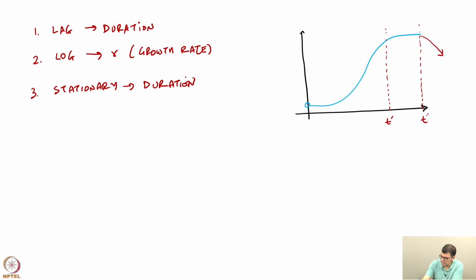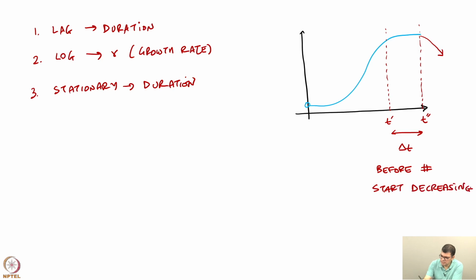Let us say this is T double dash. So, what is this duration of time delta T before numbers start decreasing?